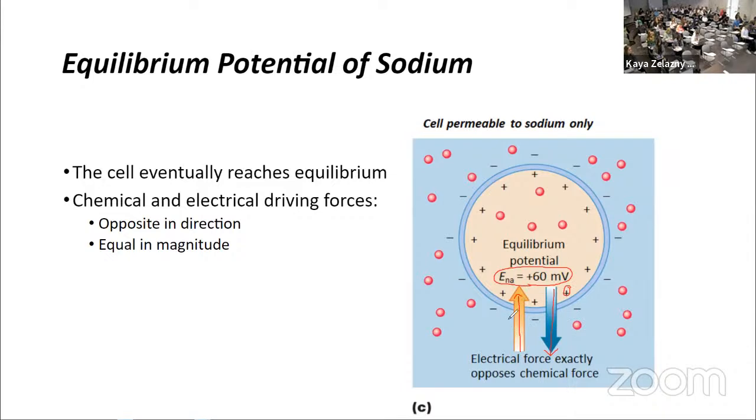So we're again at equilibrium, but we have a different equilibrium potential, a different charge inside the cell, because there's a different chemical driving force that we're opposing.